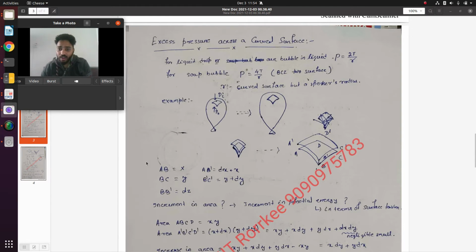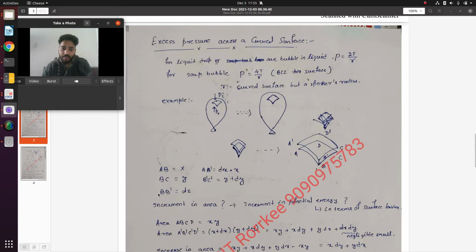Okay, and let's come to the mathematical part. Initially, for the A, B, C, D surface, the length AB is equal to x and BC is equal to y. Due to the increment in excess pressure, this surface increases to A prime, B prime, C prime and D prime, and every point moves in the z direction by dz distance.